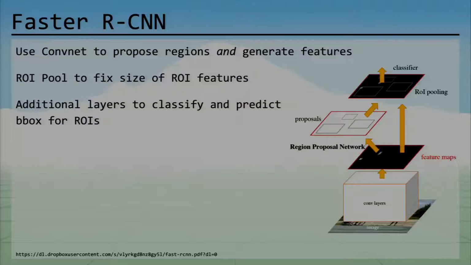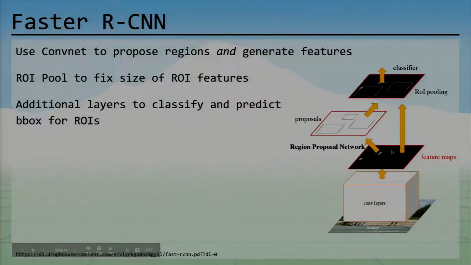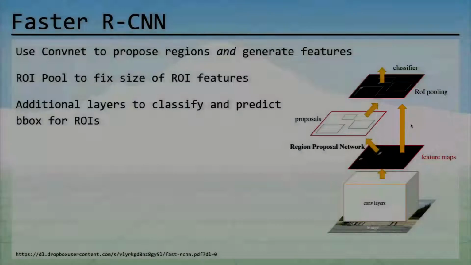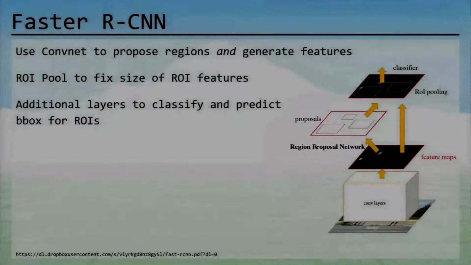So now instead of doing selective search, what we're going to do is run our convolutional network over the image. We're going to produce some kind of feature map that we talked about before. And we need some regions so we can do ROI pooling to run through our classifier. How we're going to get those regions is to add on another little subnetwork that will do the region proposals for us.